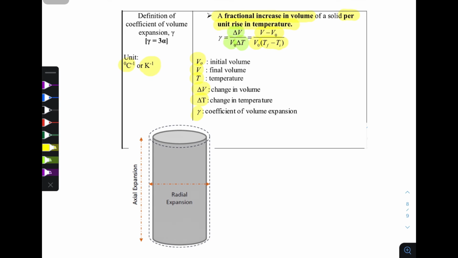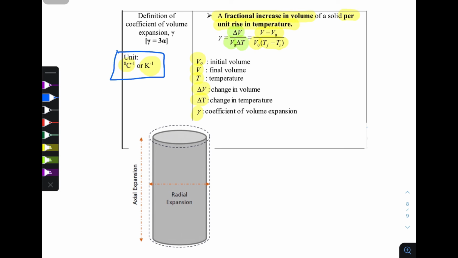The unit for the coefficient of volume expansion is either per degree Celsius or per Kelvin. So we have discussed three thermal expansions, starting with length expansion, number 2 area expansion, and number 3 volume expansion. For every coefficient, either alpha, beta, or gamma, you have the same unit, per degree Celsius or per Kelvin.